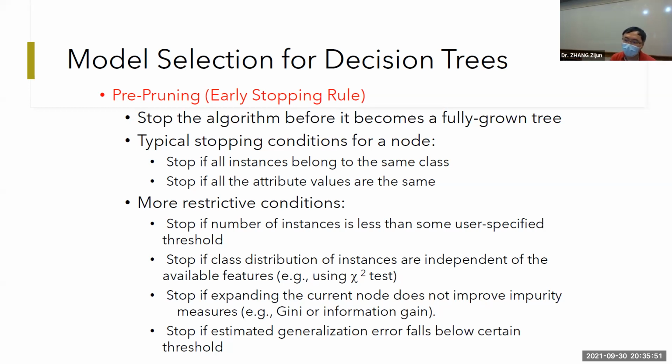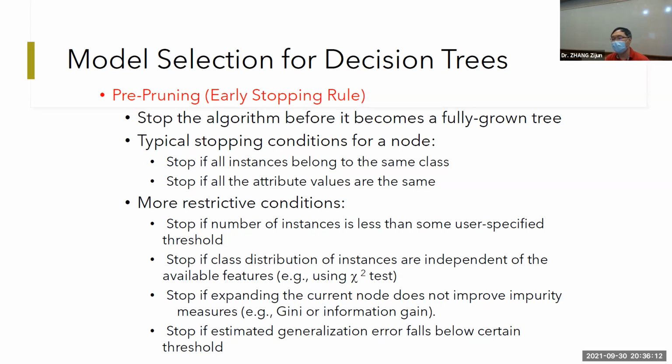But you might not have such kind of ideal cases. You might have more restrictive conditions, more specific conditions to early stop the tree algorithm. You can stop if the number of instances is less than some user-specified threshold.